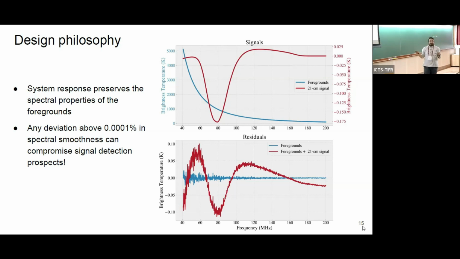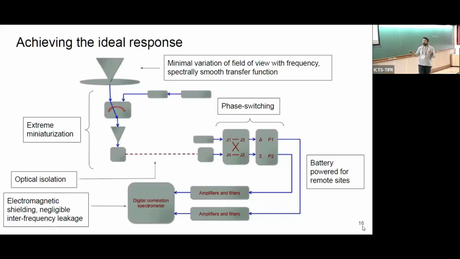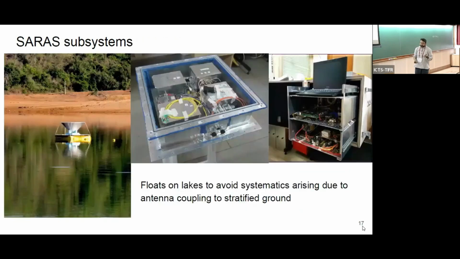And that can imprint a lot of spectral character. Similarly, the antenna also has a coupling, right? And its coupling again can be a big function of frequency. It can vary very strongly. And that again can lead to similar imprints. So I'll not go into the details, but the overall goal is in SARAS, we have tried various ways in which we can minimize those kinds of contributions.